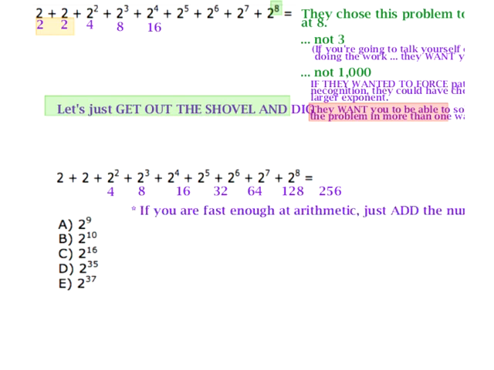But if you're slower, you can notice how far apart the answers are, so then you can just estimate.